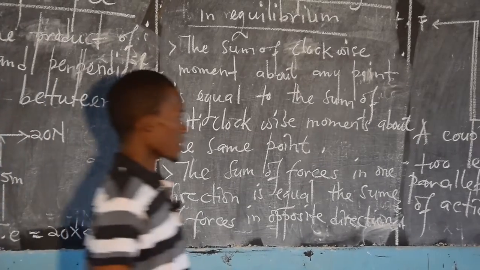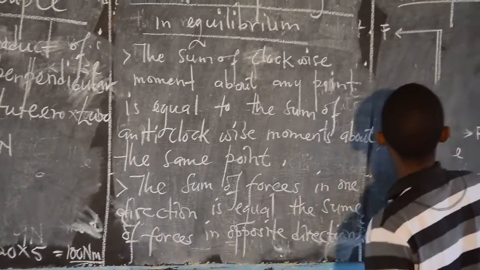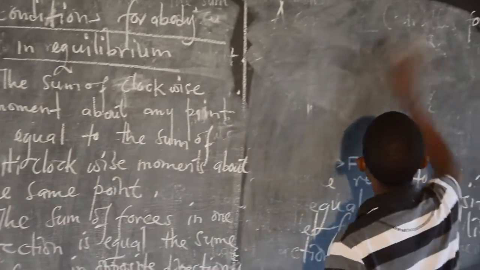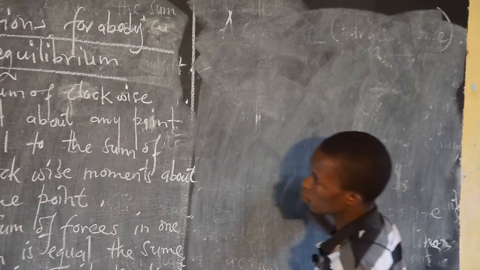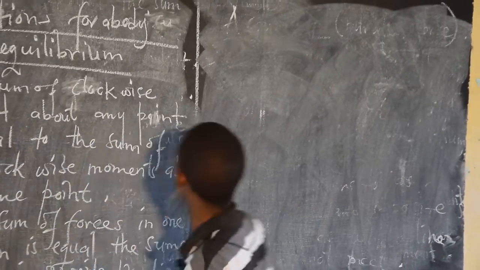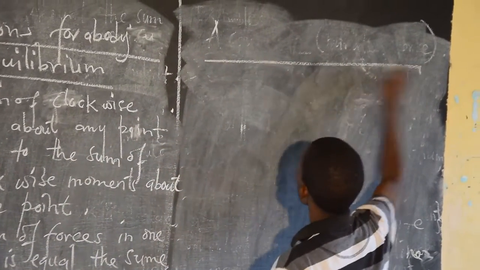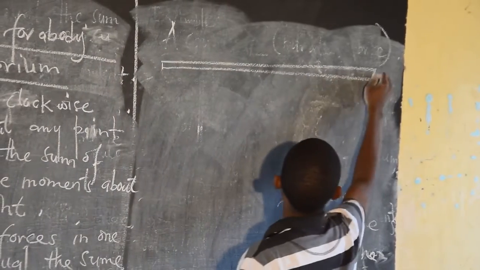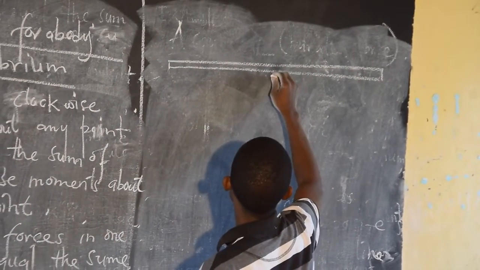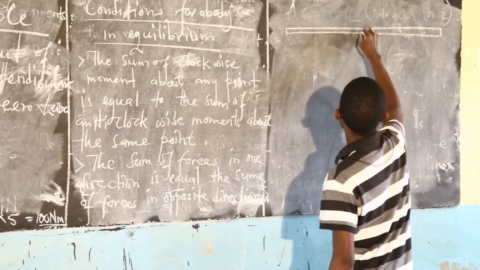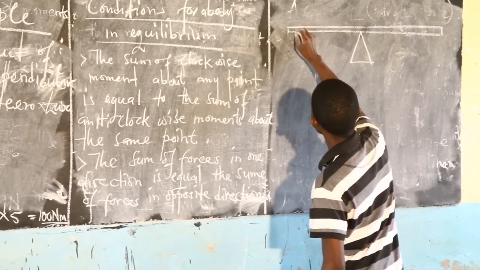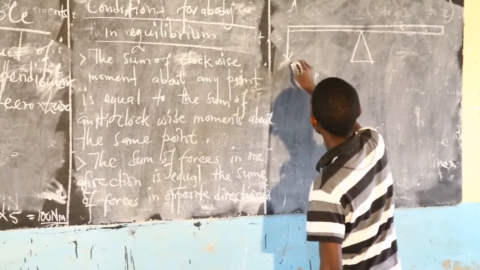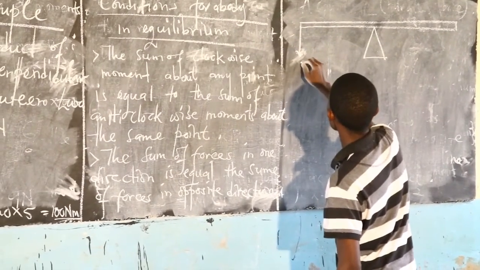What I mean is this. If we consider the diagram to describe these two conditions, we have the knife edge there, and we have the forces there.